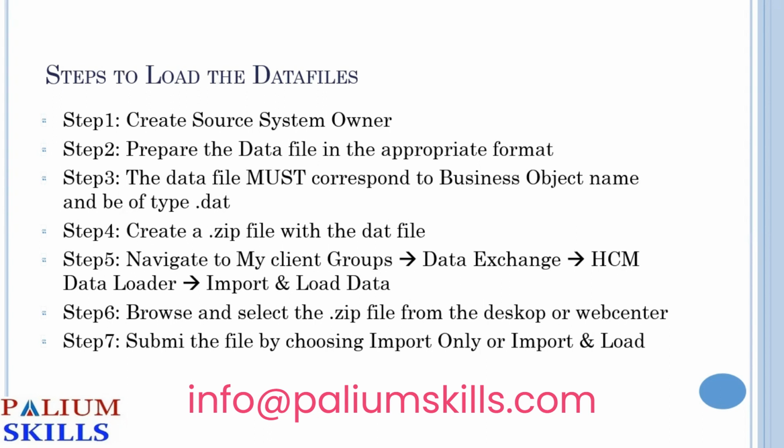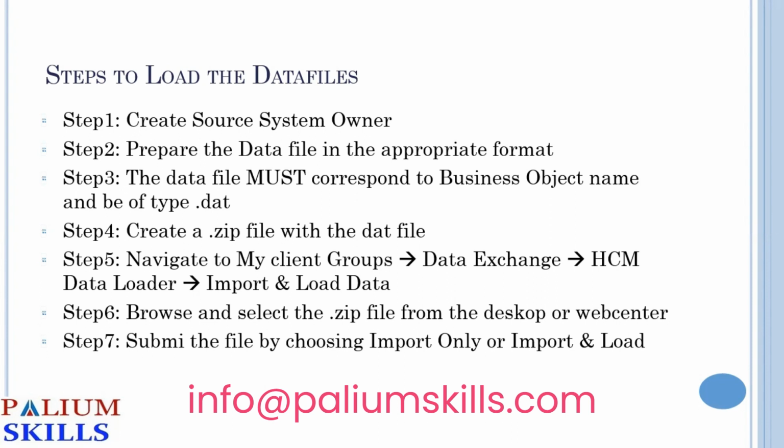Now, where do we get these files? In the application, there is a place where you can go and call the business object. That business object has the metadata. All the columns are there. You only need to get the mandatory ones and the ones that you need, which is a .dat file.